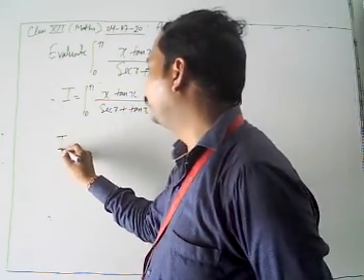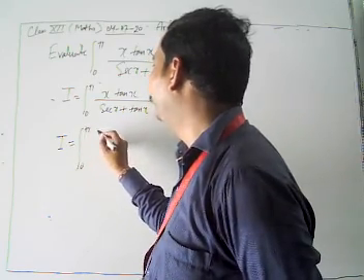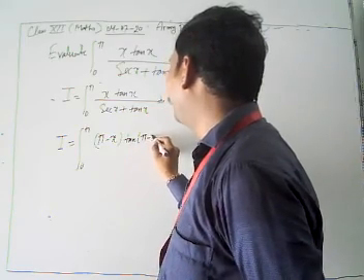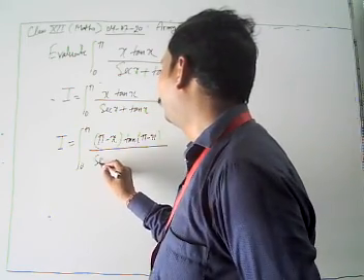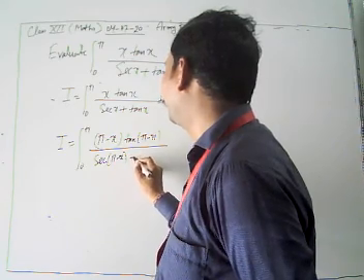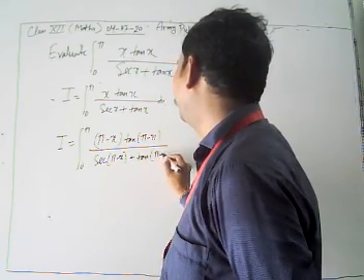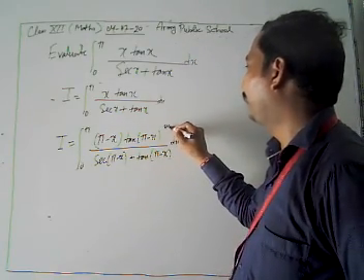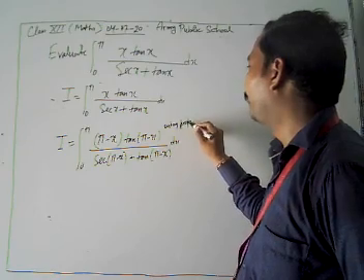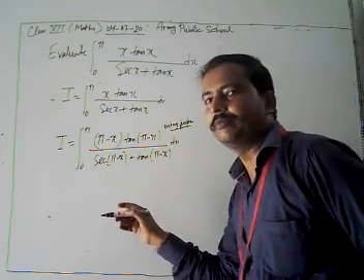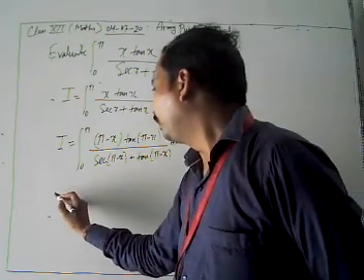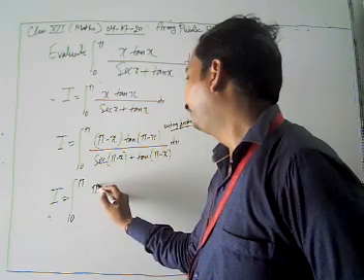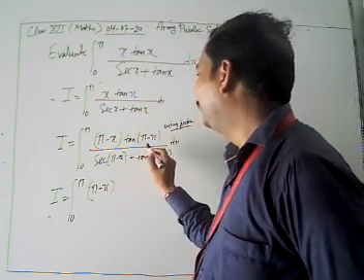Again we are going to use property 0 to a. What we have is 0 to pi of pi minus x tan of pi minus x upon sec of pi minus x plus tan of pi minus x dx. I am not going to write down the property here; you can write it, please mention the property you have used. Now our integral is 0 to pi of pi minus x tan of 180 minus x.